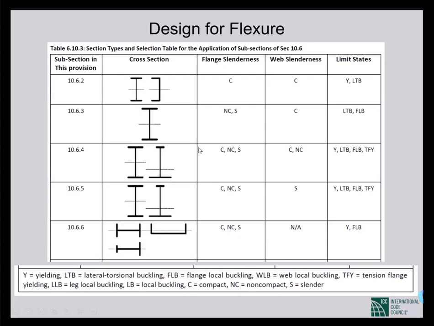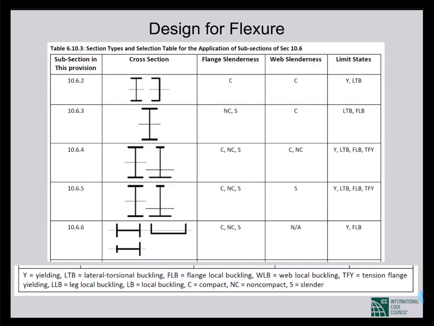For example, for this I section or channel section, if flange and web everything is compact, then we can expect two types of limit states. One is Y, yielding, and another is LTB, lateral torsional buckling. We'll see what lateral torsional buckling is. But for another case, if there is a non-compact flange in an I section, we cannot expect yielding. Yielding is very good. Yielding means that you are completely using the section. All the fibers are reaching yield stress.